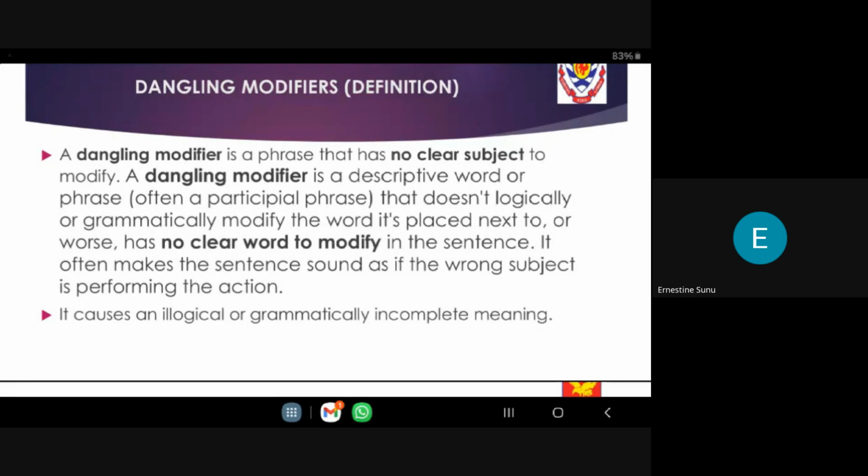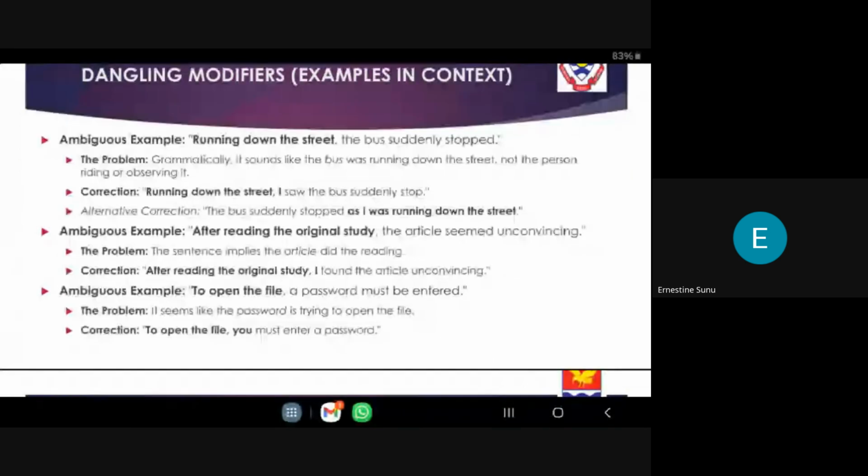And so you need to introduce a subject, called a pro-subject or a noun subject, so that you can clear the ambiguity. And it causes an illogical or grammatically incomplete meaning. Please, the next one.